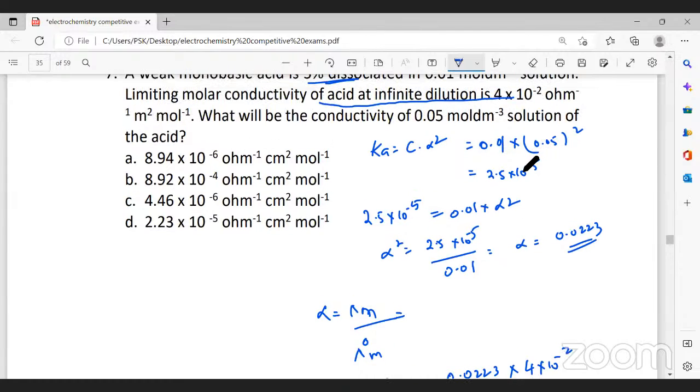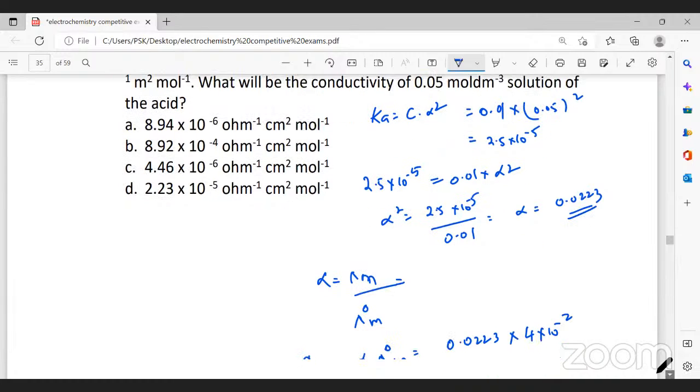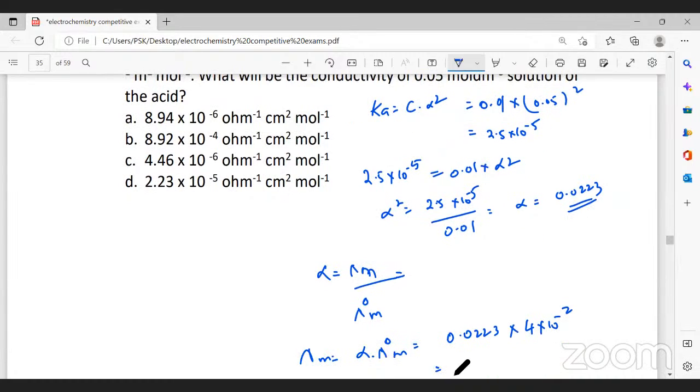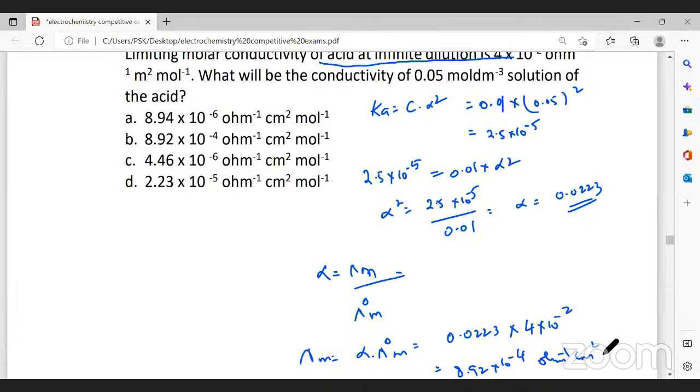On simplification, the answer we will get is 8.92 into 10 to the power minus 4 ohm inverse centimeter square per mole. So the answer for this question is option B.